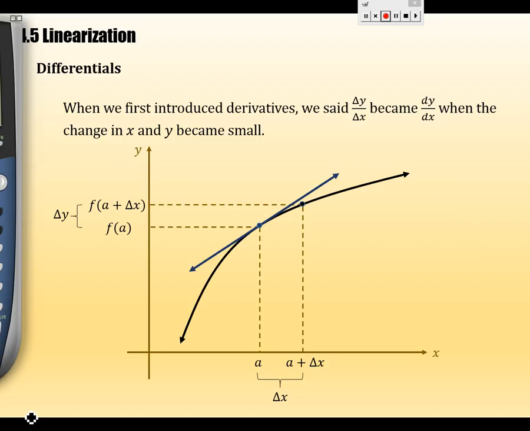The thing I want to focus on here is this other function in blue, the line. And of course, it gives a different value up top. Does it give a different value down below? No. f of a and L of a are the same thing, aren't they? But f of a plus delta x and L of a plus delta x are not quite the same, but they're pretty close, right? They're pretty close for values close to a.